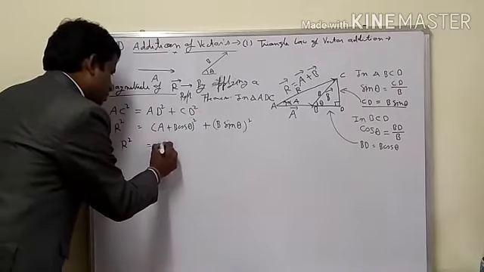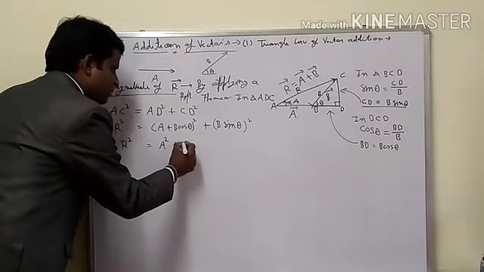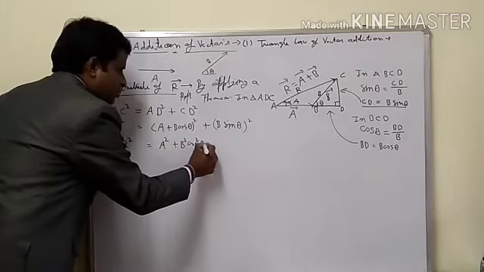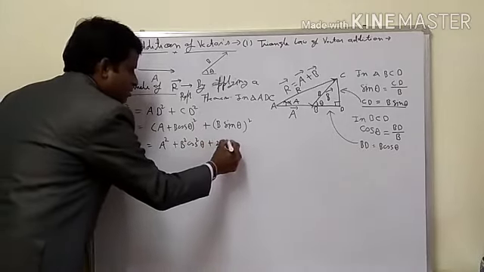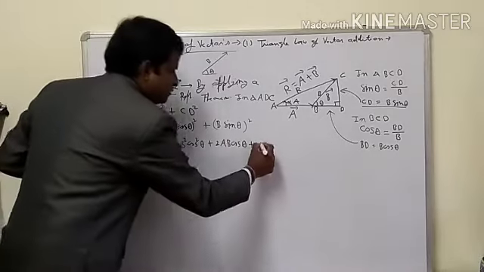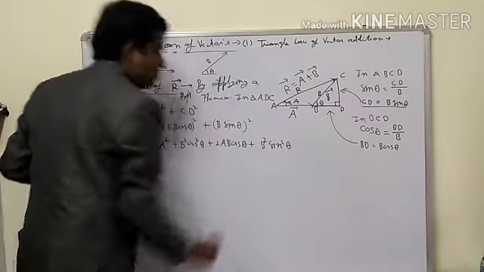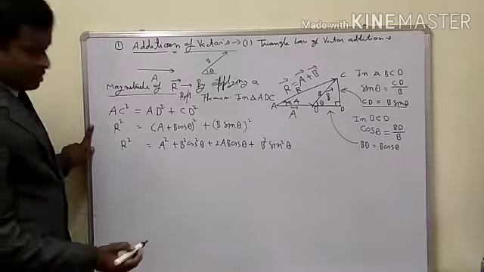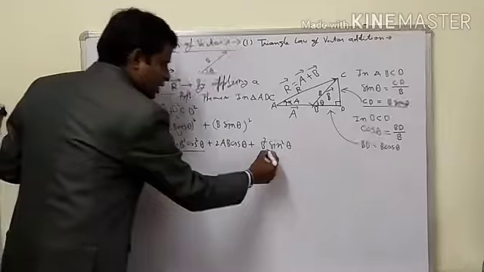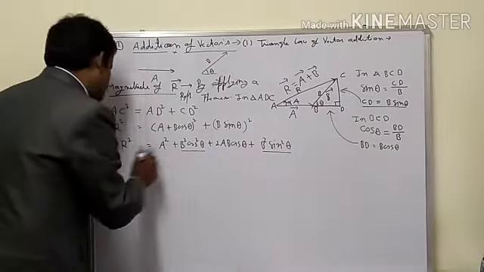R square equals, opening this bracket, A square plus B square cos square theta plus 2AB cos theta plus B square sin square theta. Now see over here, this is the term B square cos square theta and this is the term B square sin square theta. In these two terms, B square is common.